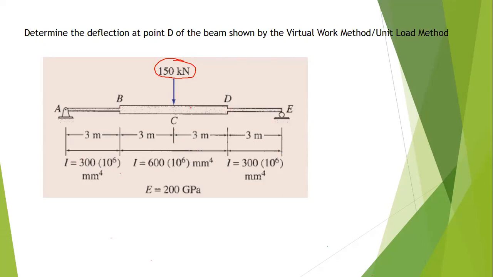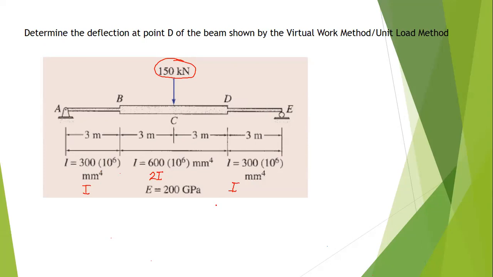On the other hand, for sections B to D, we have twice the moment of inertia of AB and DE. With that, we can say that our I for segments BC and CD is equal to 2I, and our moment of inertia for DE and AB is equal to I. Are we clear with that? Yes, sir.